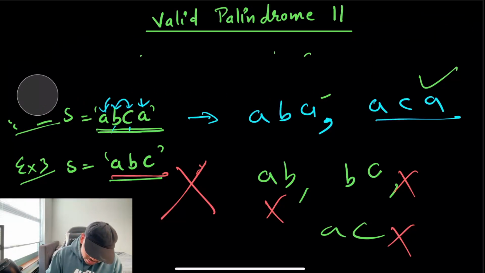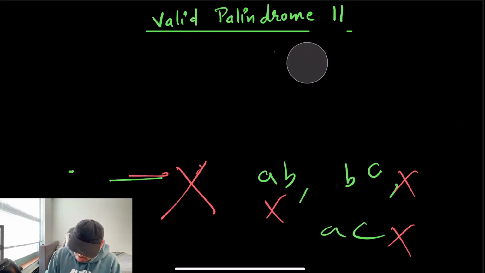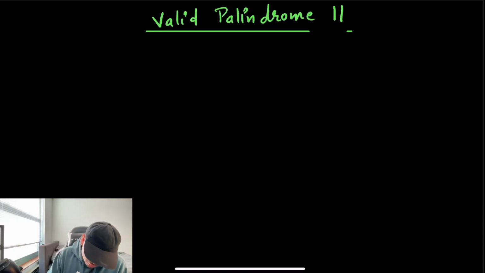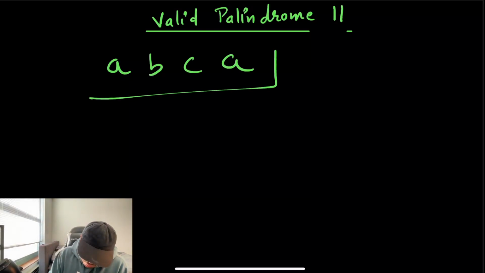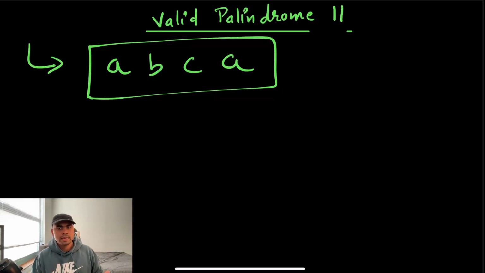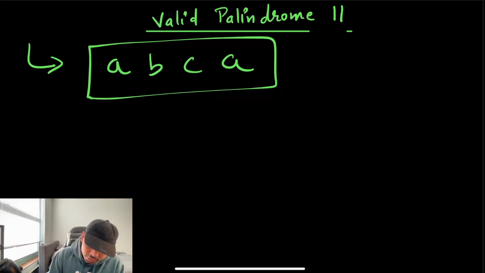So let's get rid of this from here and see A, B, C, A. This is the problem where we delete at most one character. So let's see how we're going to solve it using two pointers.